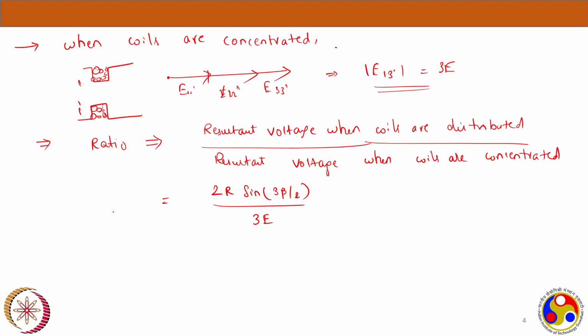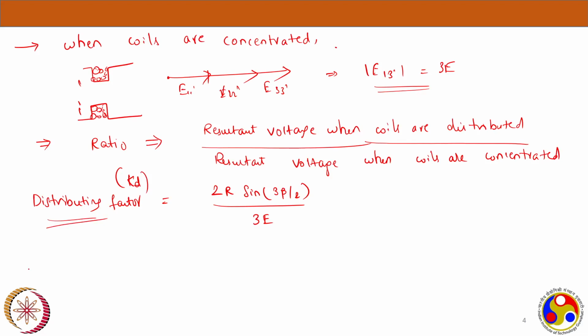Now, as I said before, this ratio is nothing but how it is distributed, the distribution factor. We are denoting this with K with a subscript D, which is KD.